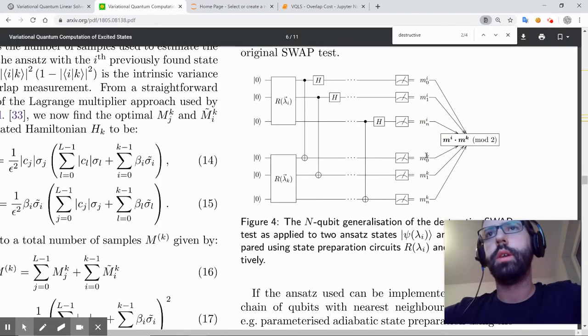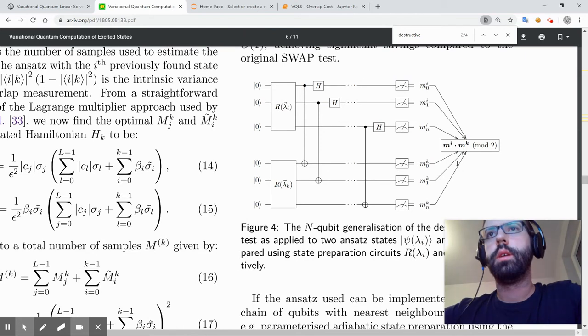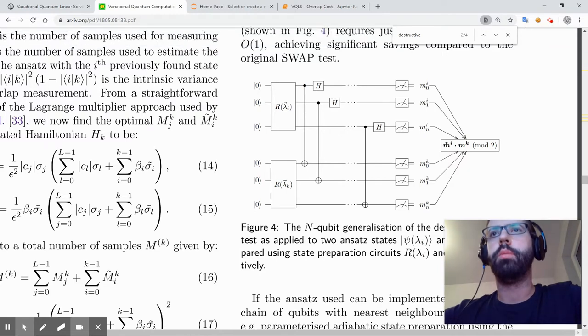So is this the product, bitwise product?